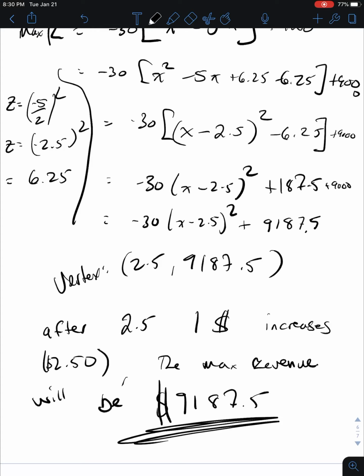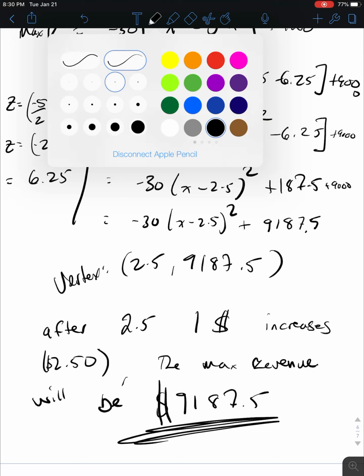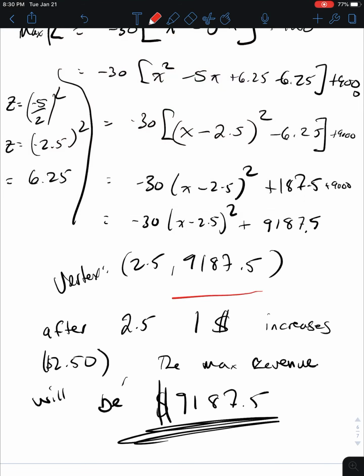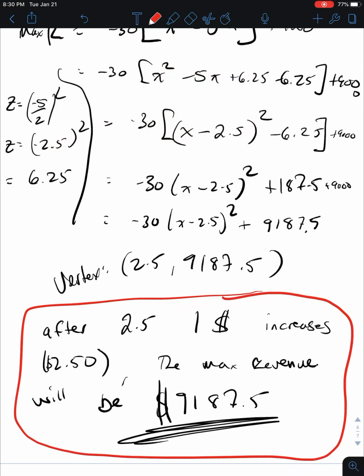And what's that mean relative to the context of the question? It means that if the store owner increases the price by $2.5, then that's the maximum revenue, the most they're going to get, which is 9,100.